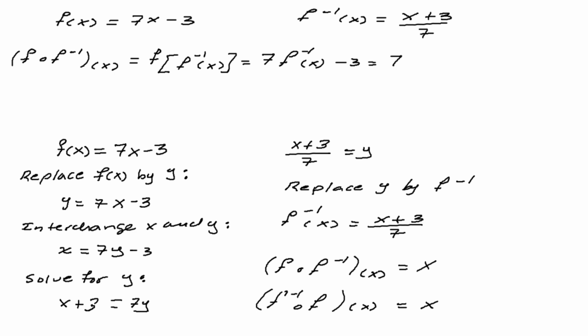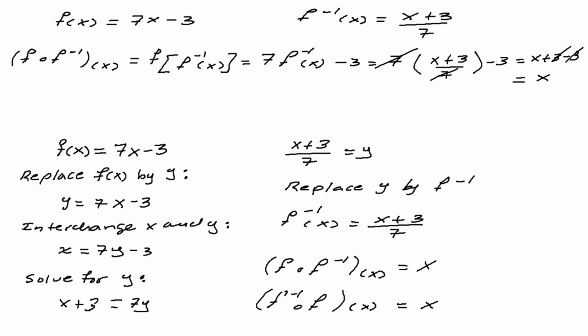So it's 7 times x plus 3 over 7 minus 3. The 7 and 7 here cancel out. So we have x plus 3 minus 3. And this should be equal to x because 3 minus 3 will be 0. So the first composition was equal to x, so it's fine.